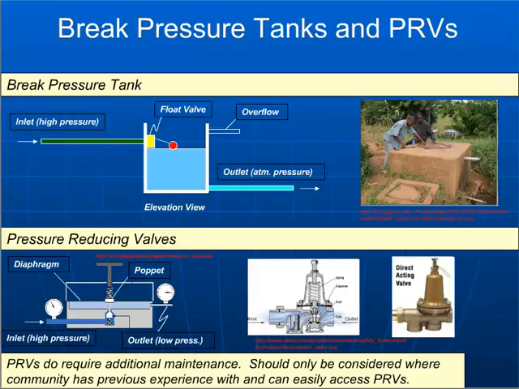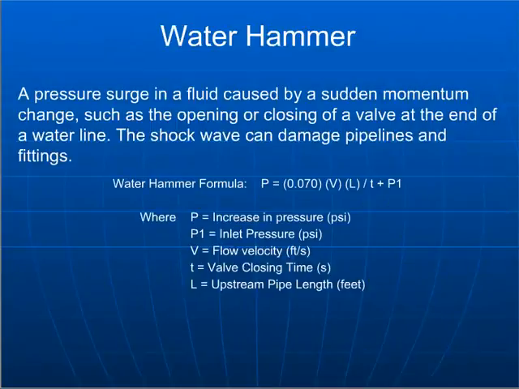The only consideration for this particular strategy is that these pressure reducing valves do require additional maintenance. They can need people experienced with their use to install and maintain them, and they may not even be available in your location. So depending on the sophistication of the overall system, a brake pressure tank may be the more appropriate option.